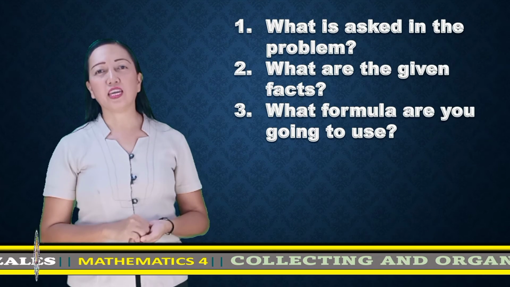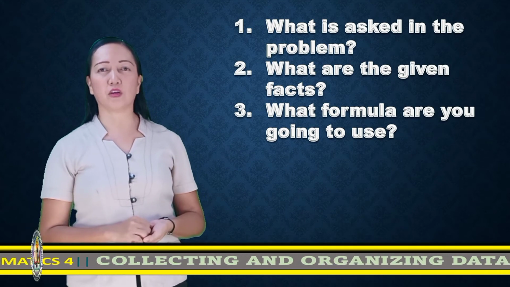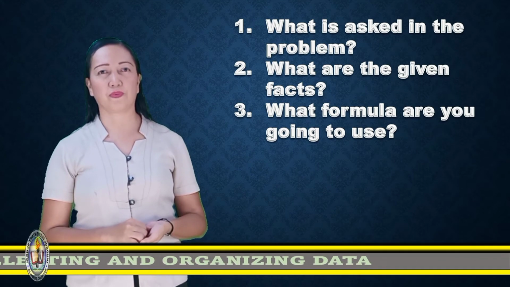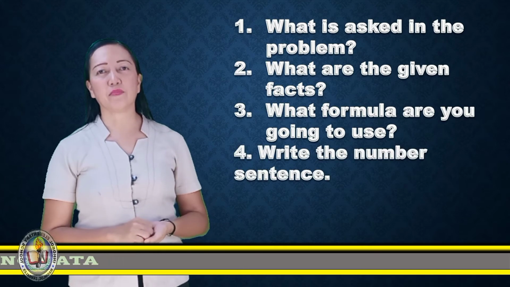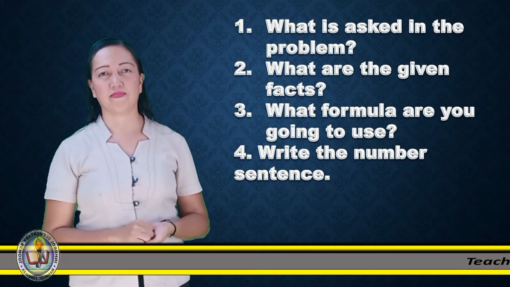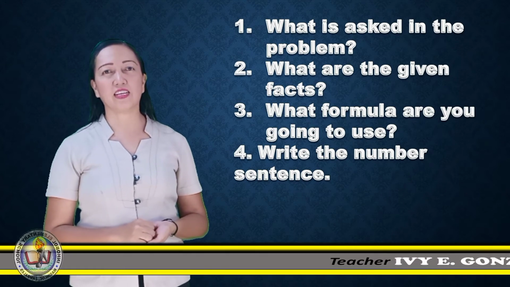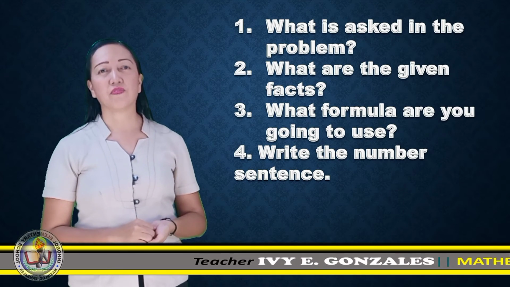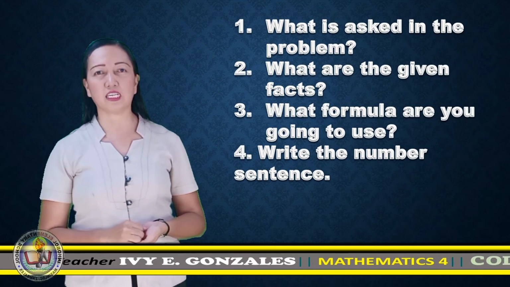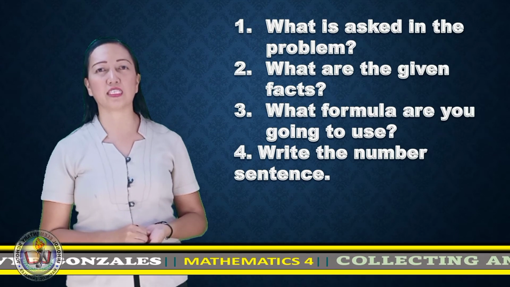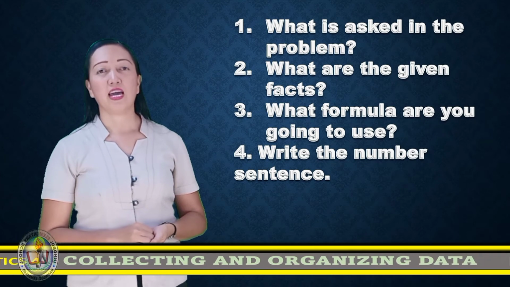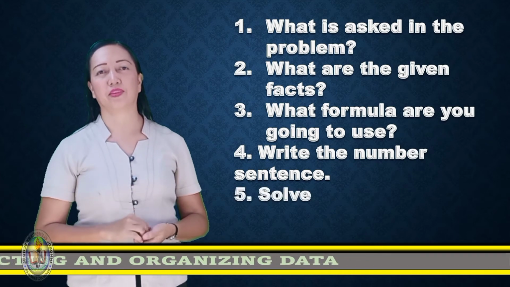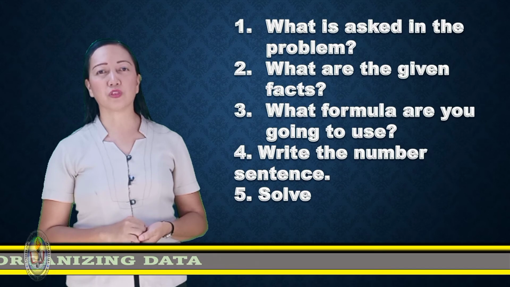Correct! V equals L times W times H. Number 4. Write the number sentence. Yes, the number sentence is V equals 12 meters times 9 meters times 2 meters equals N. And number 5, we are going to solve it.